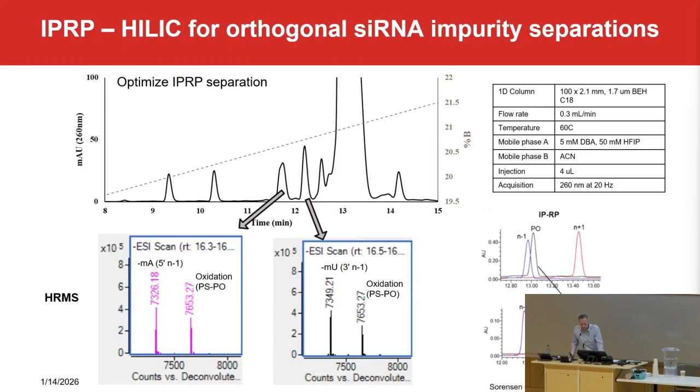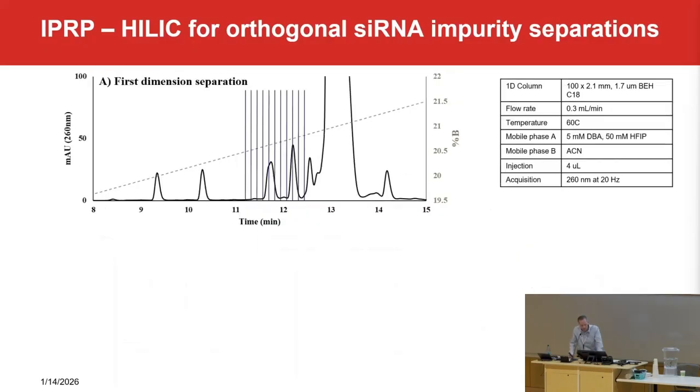In previous work, we looked a lot at selectivity differences between ion pair reverse phase and HILIC, and we know that the oxidation impurities are more hydrophilic, and so they get retained more under HILIC conditions rather than ion pair reverse phase conditions. So it was a perfect coupling of ion pair reverse phase with HILIC to get a better separation of these N-1 and PO impurities.